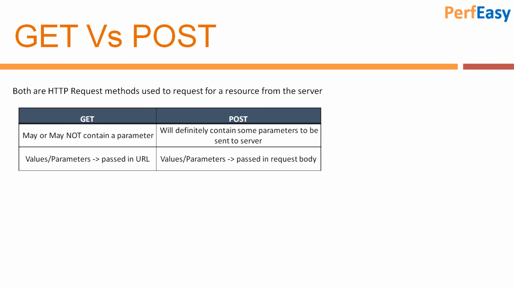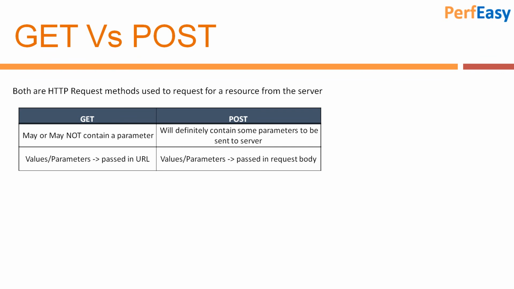Where are these values going to be passed? In case of get, it may or may not contain values. But if we want to send some data with a get request, the get request can take values as part of the URL, and that part of the URL is called the query string.